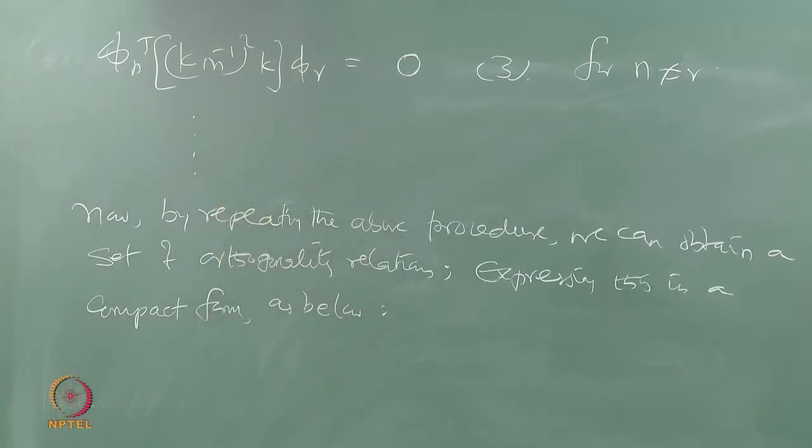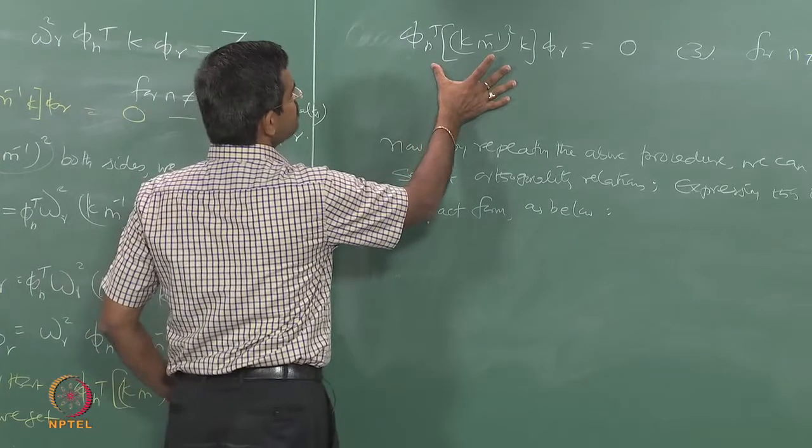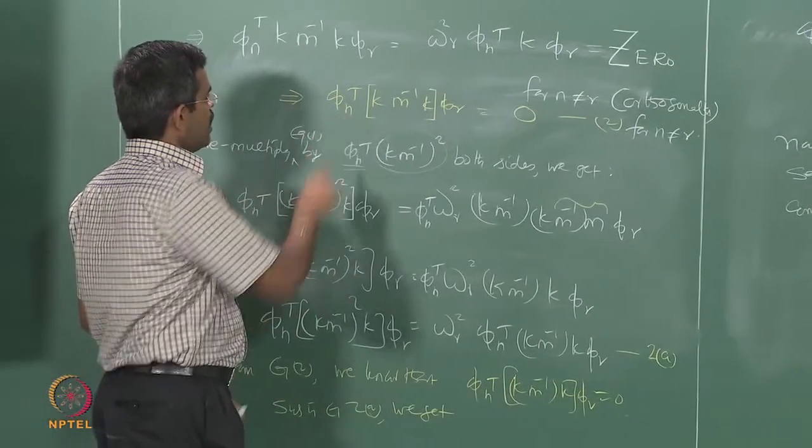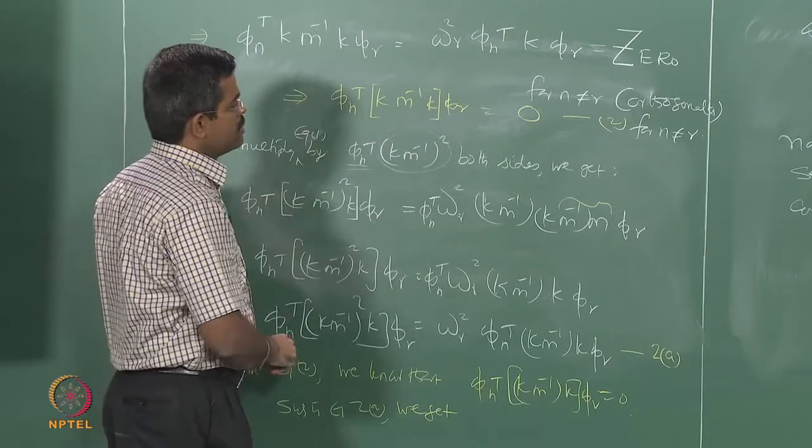So, what we are trying to do is repeat this set: phi n transpose k m inverse k phi r equals 0.